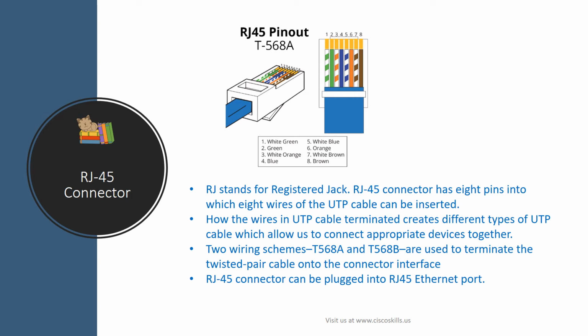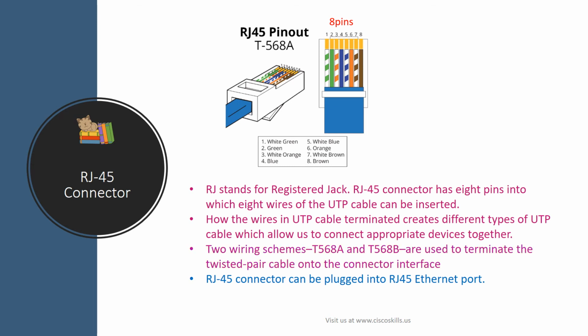Let's now move on to the RJ45 connector. As you know, RJ stands for registered jack. The RJ45 connector has 8 pins into which 8 wires of the UTP cable can be inserted. How the wires in a UTP cable are terminated creates different types of UTP cable, such as straight-through cable or crossover cable, which allows us to connect appropriate devices together.